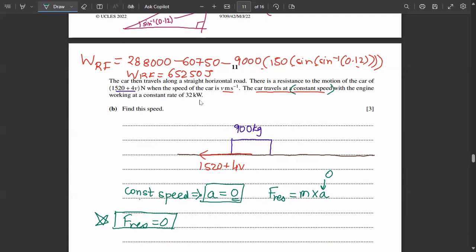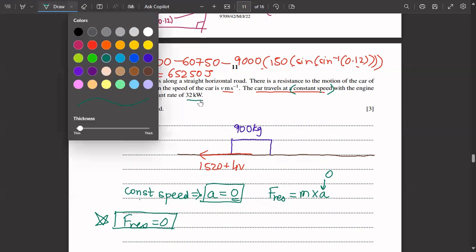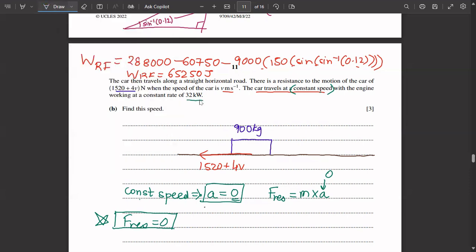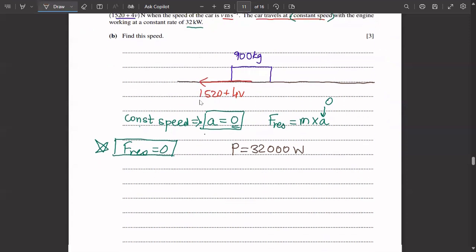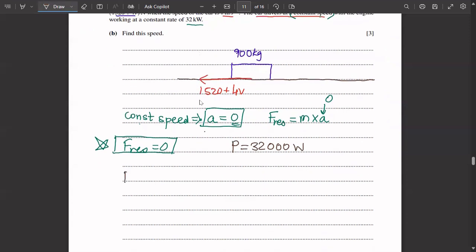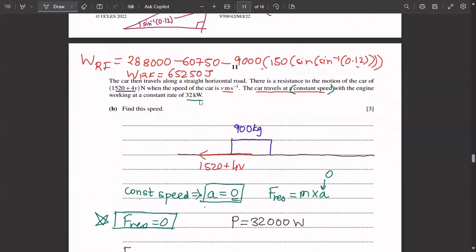Then the car travels at a constant speed with the engine working at a rate of 32 kilowatt. So the power will be 32,000 watt. Find the speed. So first of all, we'll have to write down what the resultant force is composed of.